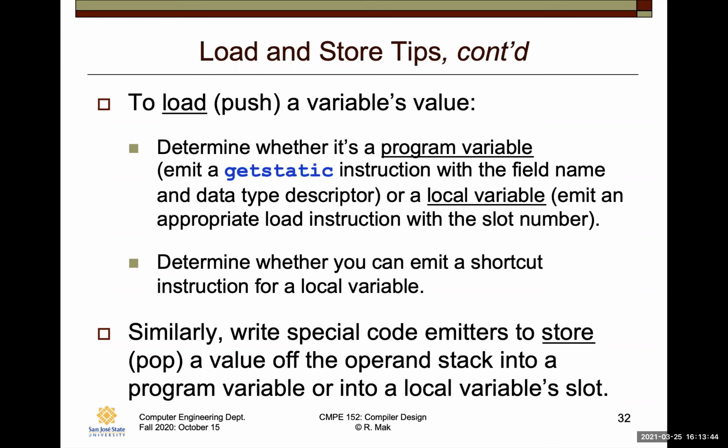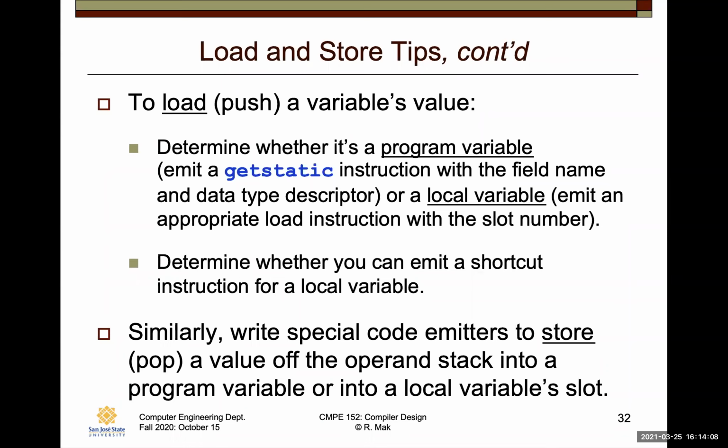Okay. So again, I barraged you with a lot of new things, and believe me, once you start emitting code, it will start to come together, and you're still finishing up your code converter.